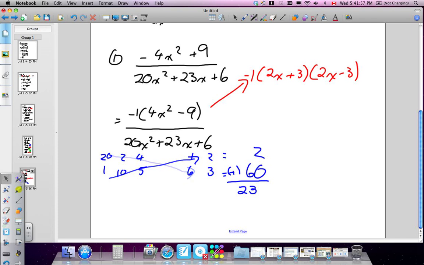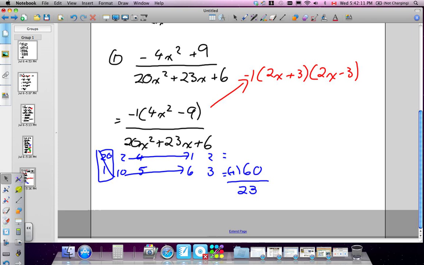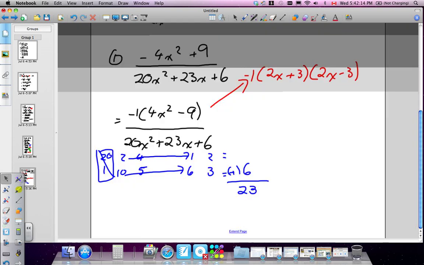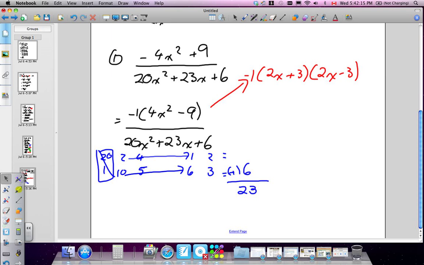Okay? Now I'll try the next column. 2 and 1, 10 and 6. That's going to give me 60 and 2. Any combination of that going to work? No. How about 2 and 6, 10 and 1? 12 and 10? No. Okay.